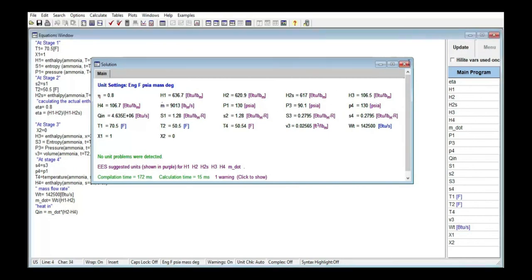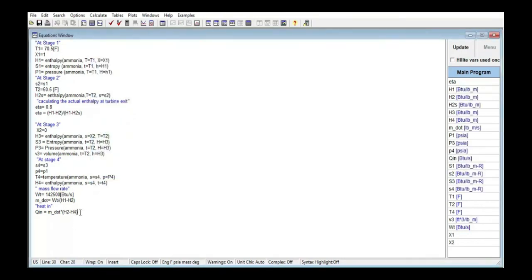Now finally we will have to calculate the efficiency of the total system. We will write it as efficiency of the power plant.